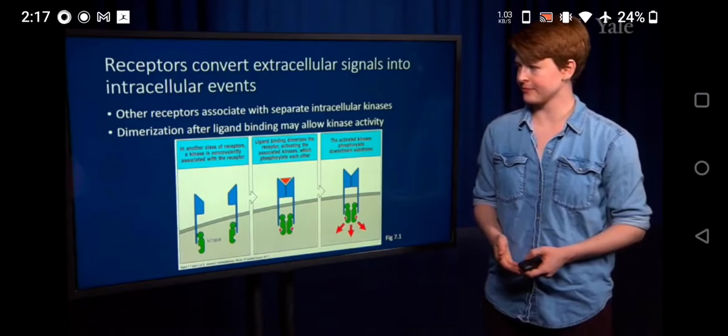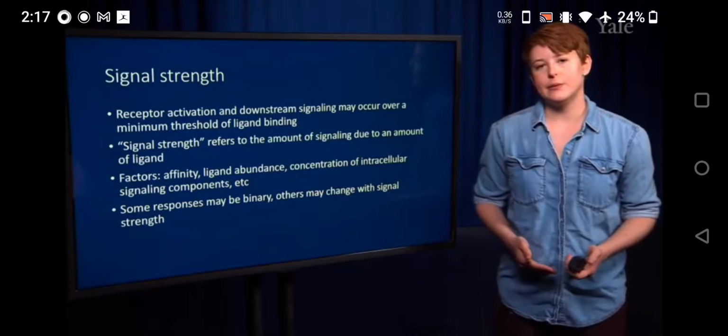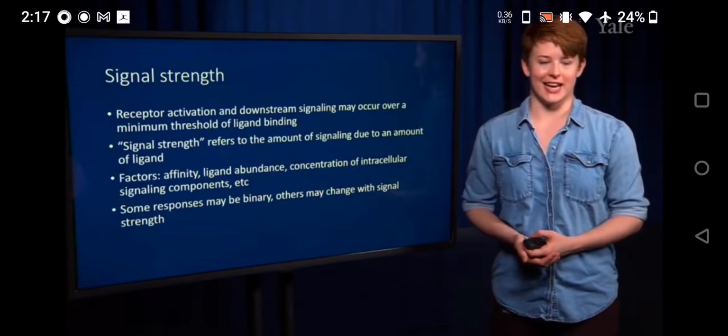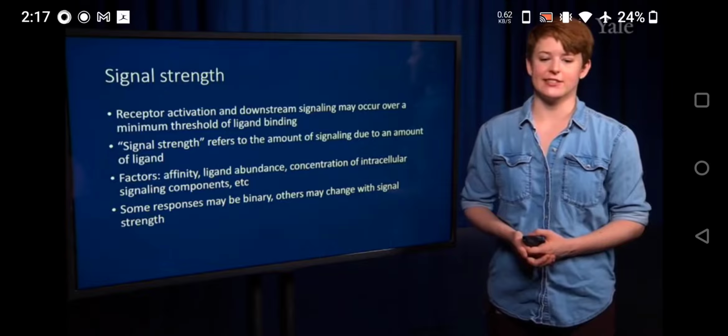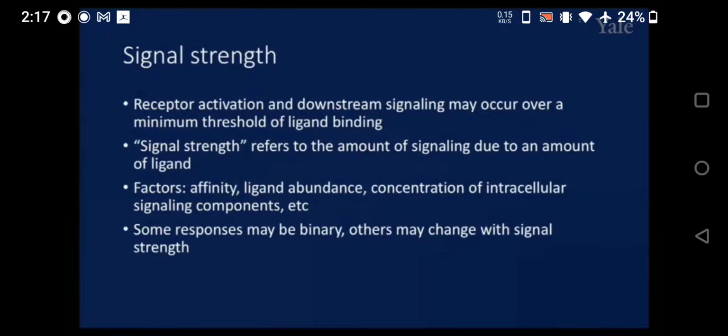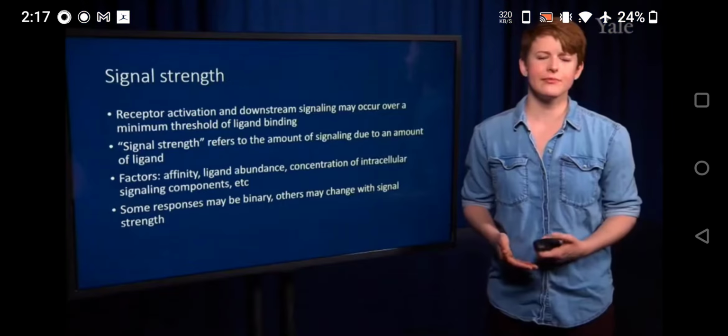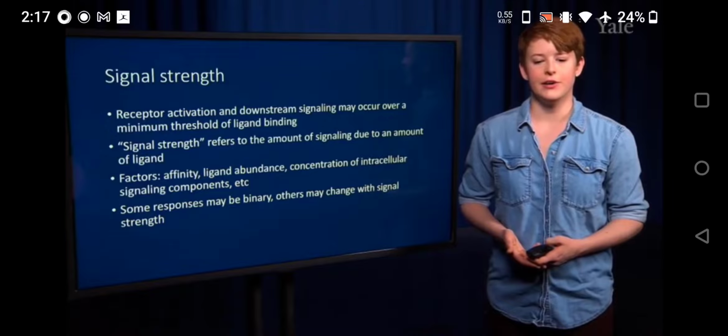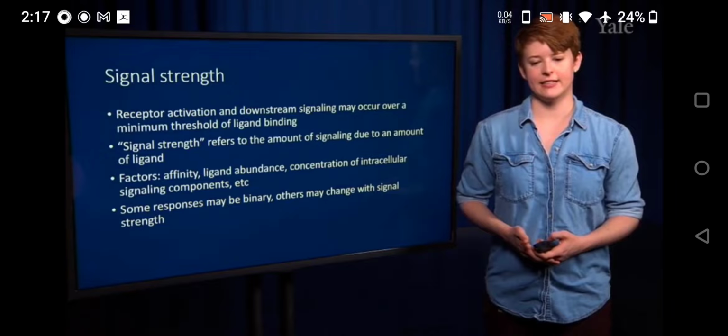One thing we'll be talking about today is the idea of signal strength. Receptor activation and downstream signaling may occur over a minimum threshold. So this is a certain level of a ligand where above that level signaling can occur. And signal strength refers to the amount of signaling due to the amount of ligand.